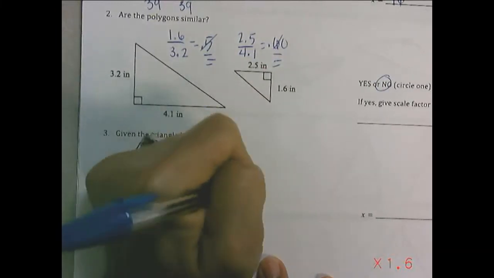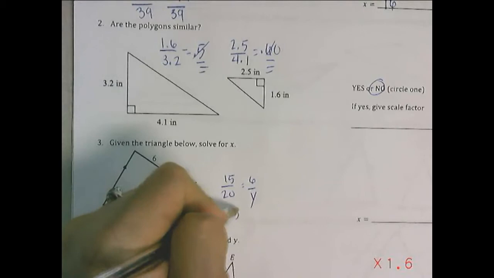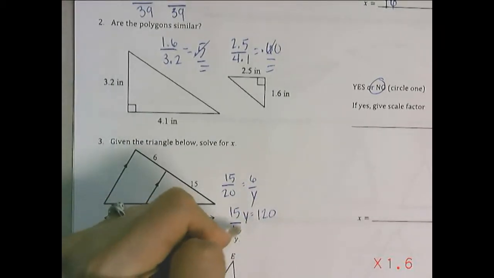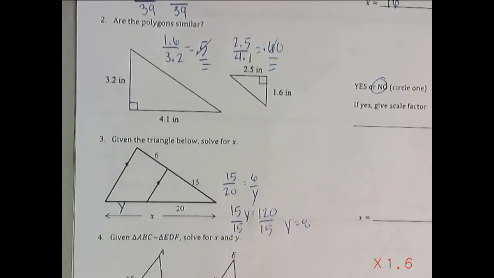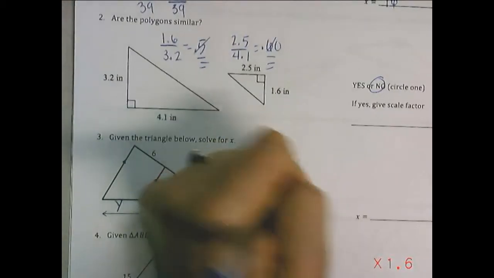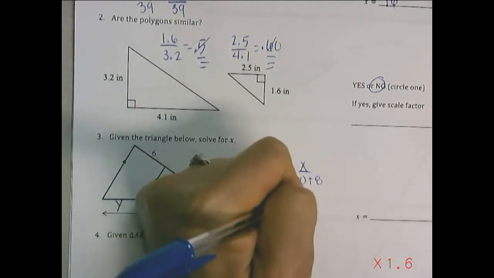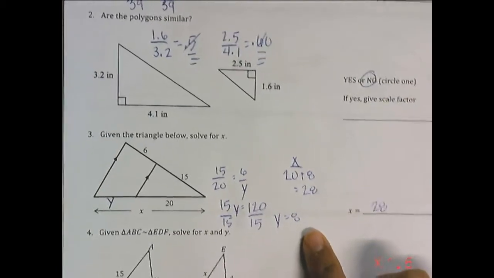I'm going to cross multiply again, and I'm going to get 15y equals 120. Divide by 15, divide by 15. y is going to equal 8. Well, I want the whole segment, so in order to find x, I'm going to do 20 plus 8 and get 28. So x, the whole side, would equal 28.